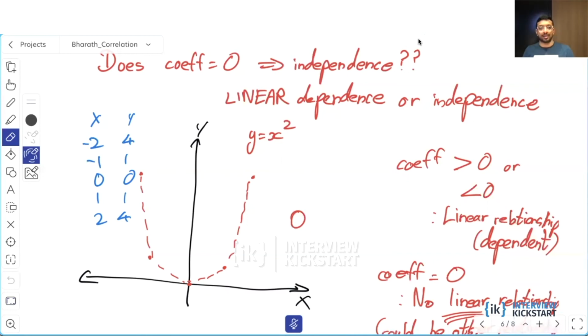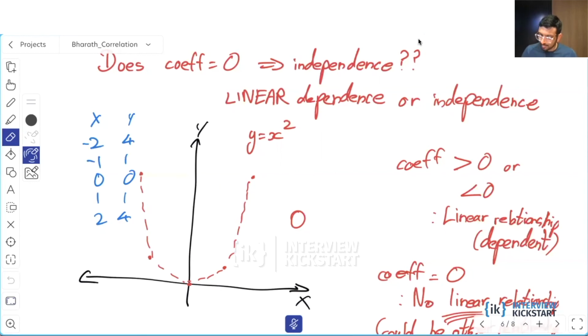Just something to keep in mind. So just remember that a coefficient of 0 just means that there's no linear relationship between x and y, but there could be quadratic relationships, there could be cubic relationships, there could be exponential relationships, anything else, just not linear.